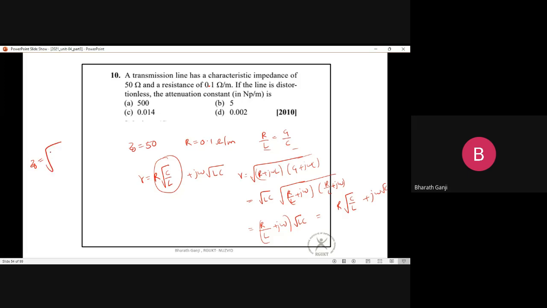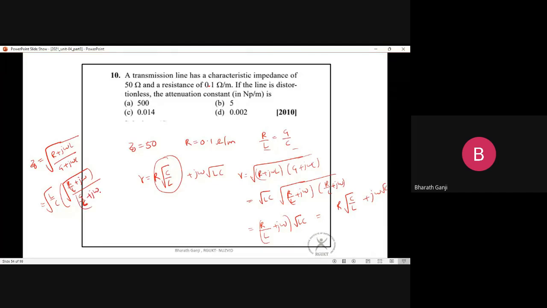Z0 is root over L by C, because we can apply the same approximation, taking R plus j omega L divided by G plus j omega C. If I take L common from the numerator, I get root over L by C, and R by L plus j omega divided by G by C plus j omega.